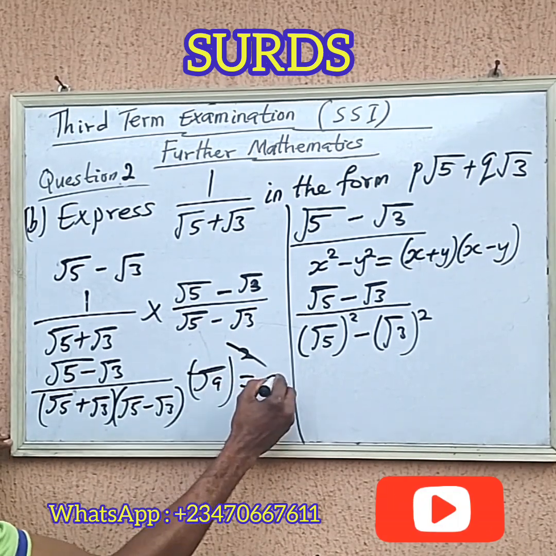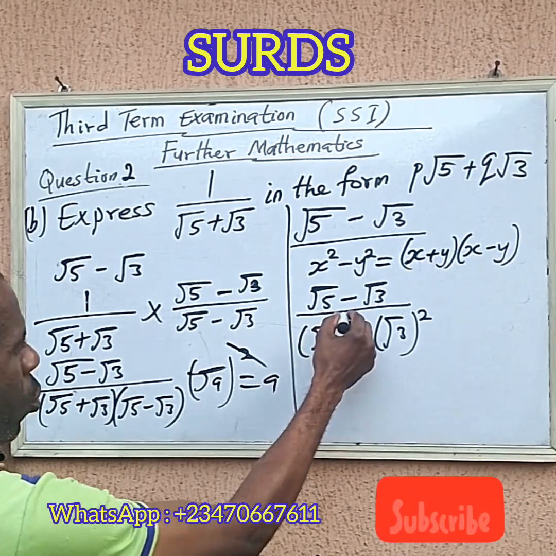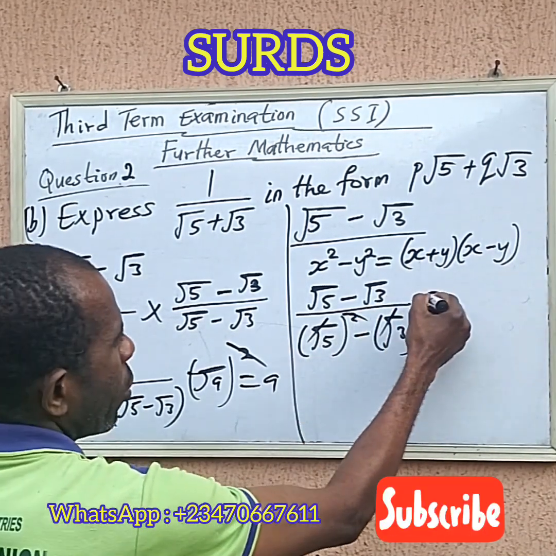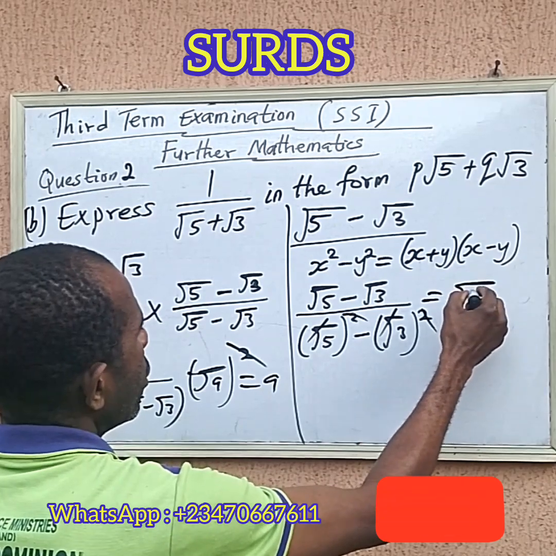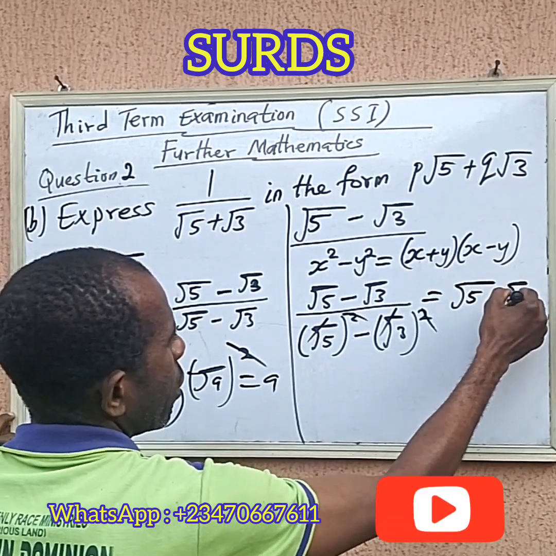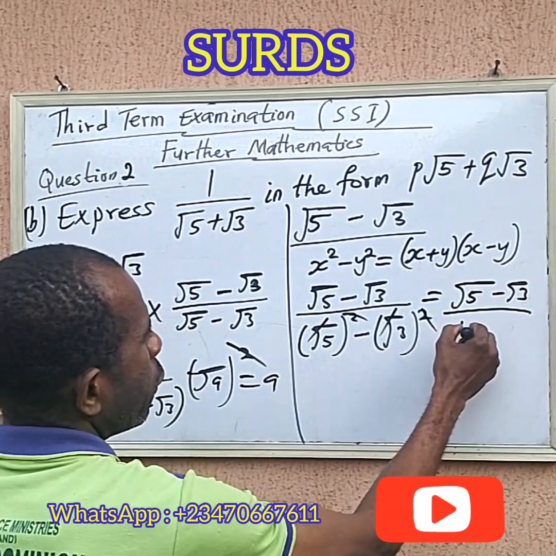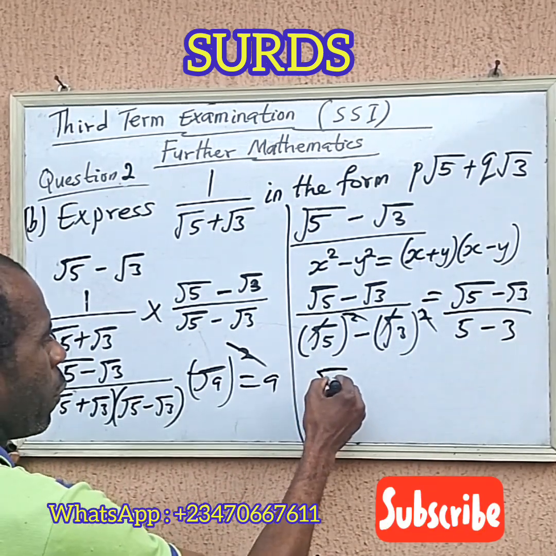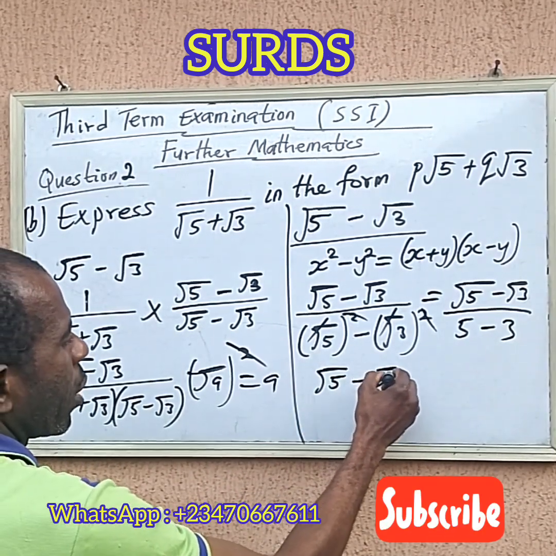So it will give us a. So in that case, this one will cancel this out, and this one cancels this out. Then we are going to have the square root of 5 minus square root of 3 all over 5 minus 3.